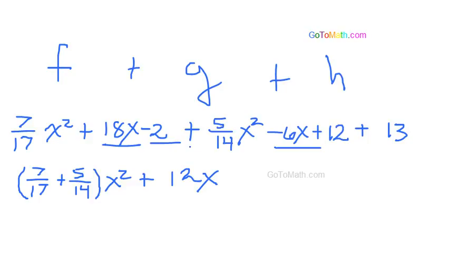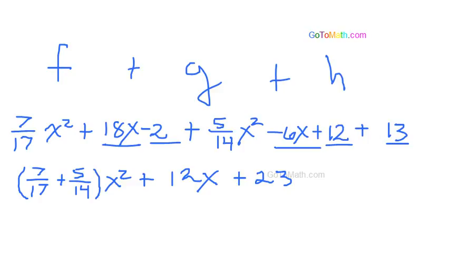And then we got the negative 2 plus 12 is 10, and then plus 13 is going to be 23. Plus 23. Right? Okay, so at this point, maybe you've already gotten what 7 over 17 plus 5 over 14 is going to turn out to be.